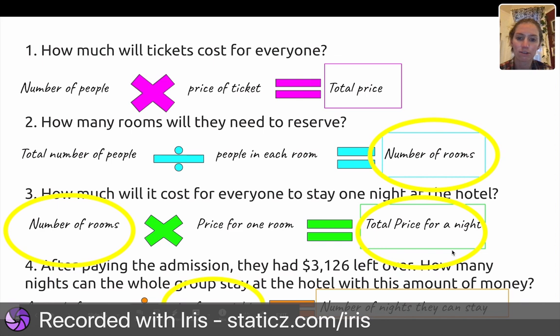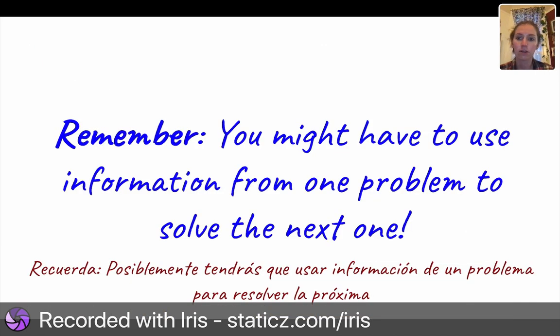And the answer is the total price for a night? Well, hey, I need that for number 4. So remember, all the questions connect to each other. You might have to use information from one problem to solve the next one. So don't forget that the information might all be connected.